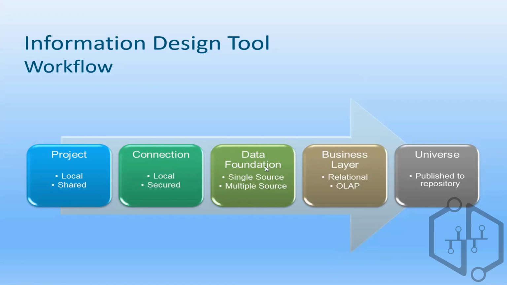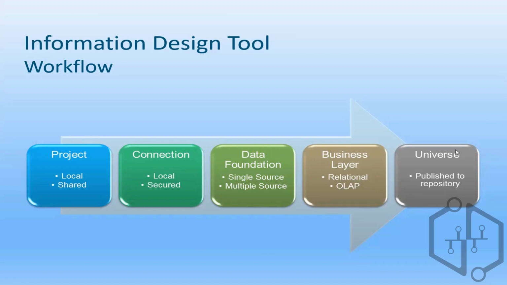After creating the data foundation, we have to create a business layer, which I told you already. A business layer is like a creation of folders. We will create some classes, and inside classes there will be subclasses like a product or a region. Under product, we can create objects like product name, product ID, product sales, quantity sold.